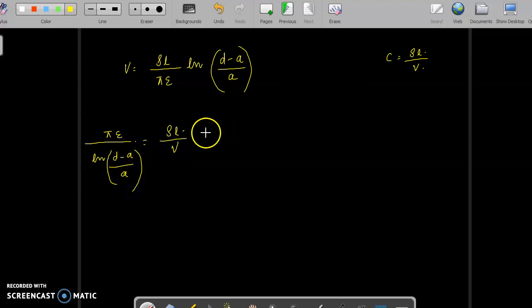So rho by V is the capacitance per unit length. So C we can write as pi epsilon over natural log of d minus a by a.